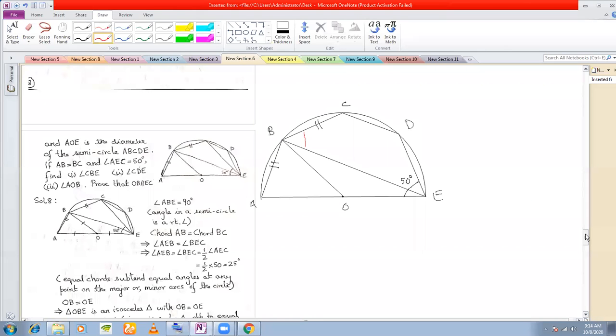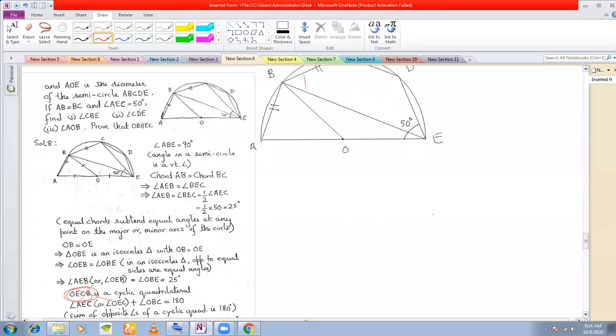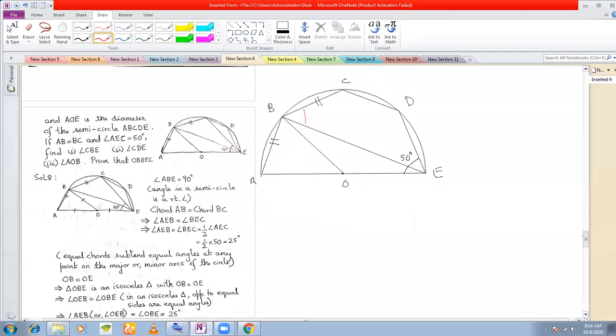I don't know how I've worked this out, but I will show you the correct method. Okay, so this is 50 degrees. You need to calculate the red angle CBE. First of all, you must observe that there are certain cyclic quadrilaterals in this diagram. There are more than one, so let's see how we need those cyclic quadrilaterals.